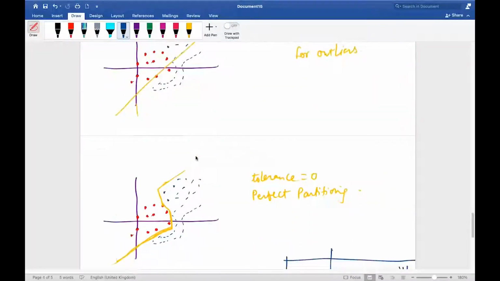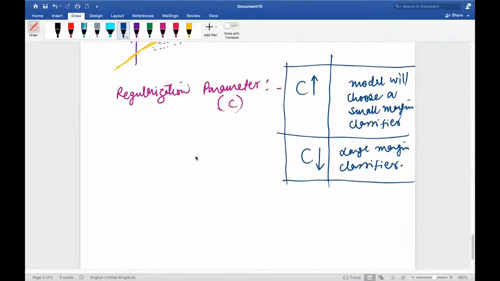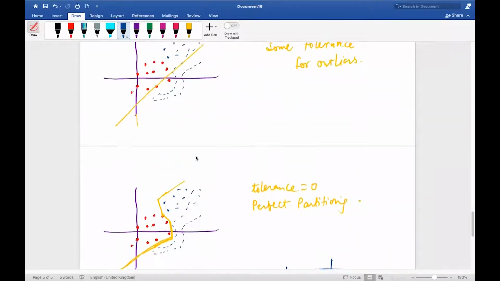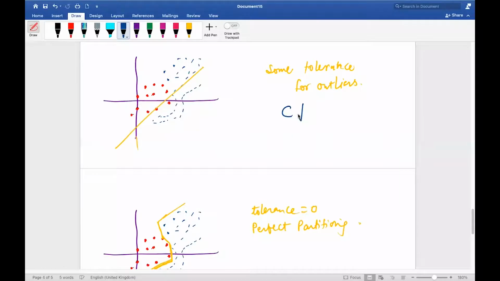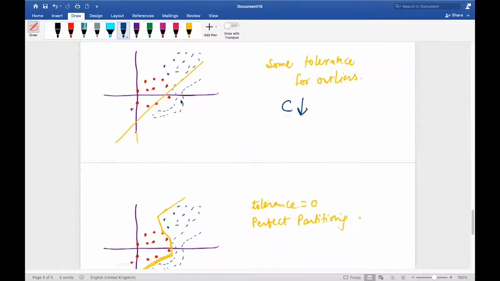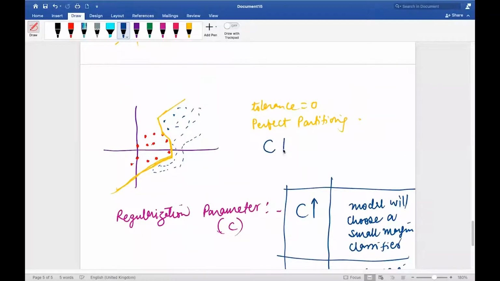If there are some outlier points that I don't want to touch, I take the value of C small. Here I'm leaving the outliers. Here the tolerance is 0. That means with C higher, the margin is smaller, the separation would be perfect, but you will try to include the outliers also.